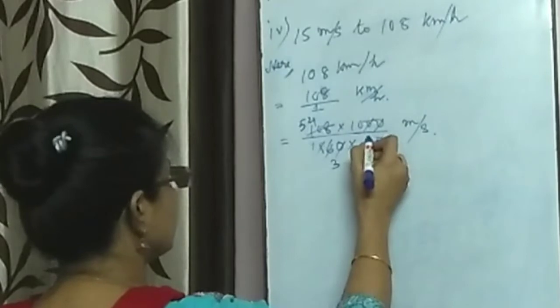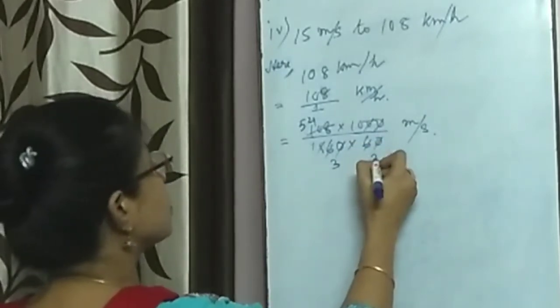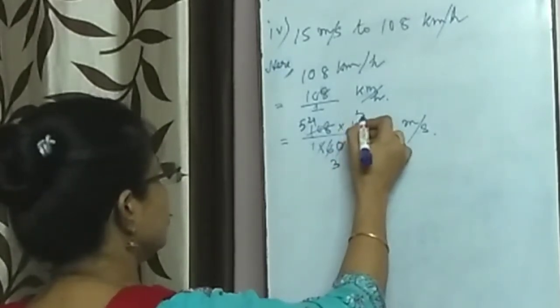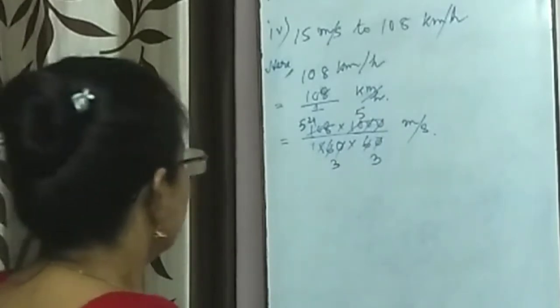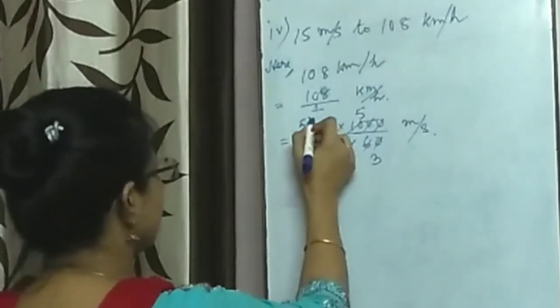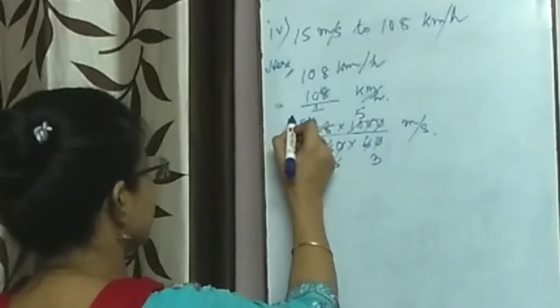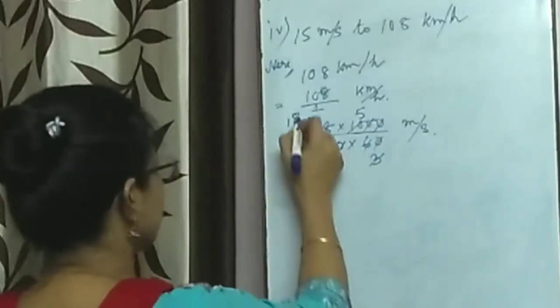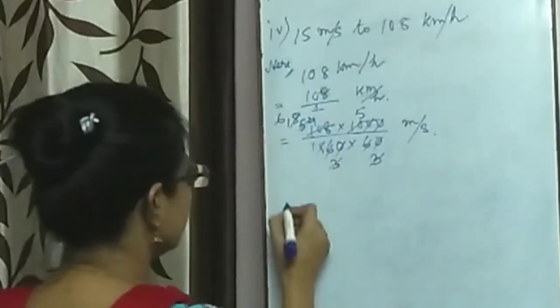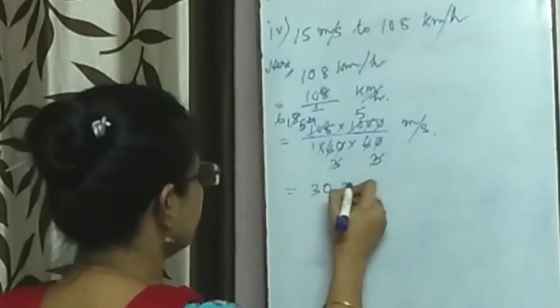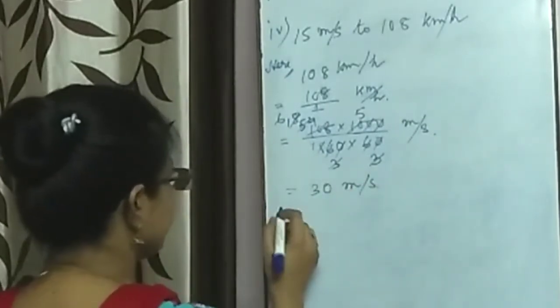Then by 2 again, 2 3s are 6, 5 6s are 30, so here it comes 30 meter per second.